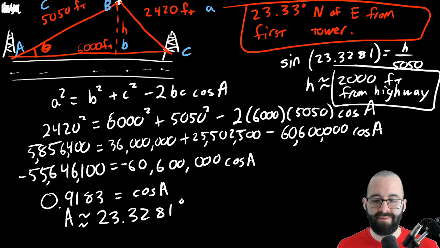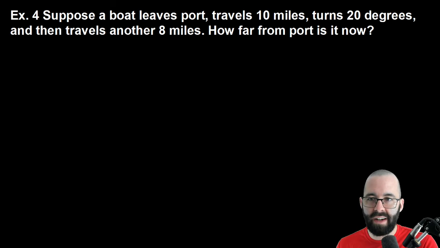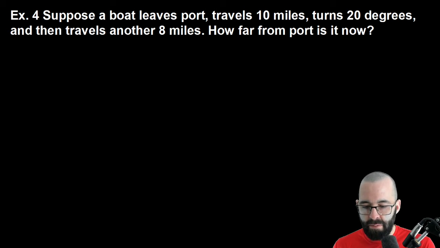Let's do one more for extra practice. Example 4. Suppose a boat. Let's get a picture. Let's get a boat that's leaving port. Say the port just looks like a dock. That's a dock. And it travels 10 miles.